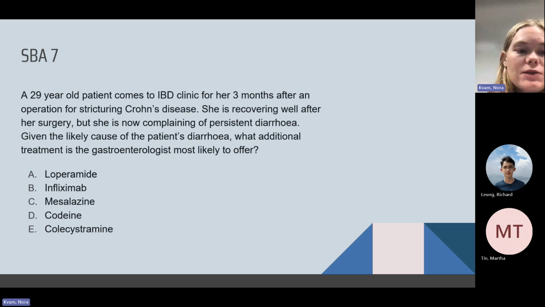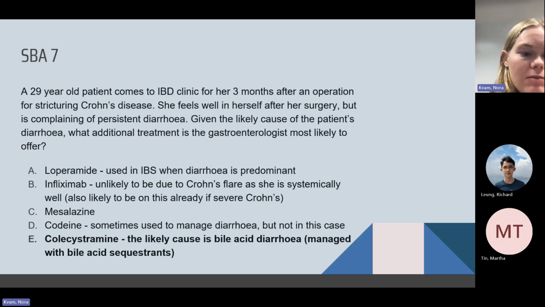So if you don't have the ileum anymore, then you will have bile acid malabsorption, and this can lead to bile acid diarrhea. So this patient has bile acid diarrhea secondary to terminal ileum resection. And this is managed by cholestyramine. It's a bile acid sequestrant, so it reduces the bile acid in the gut so that the diarrhea isn't there anymore, basically. Okay, so that's all.